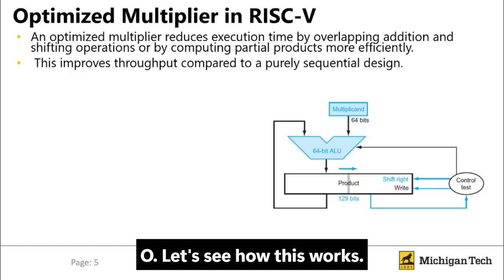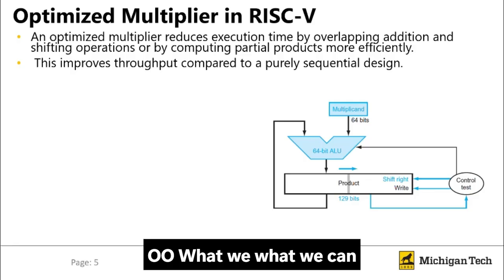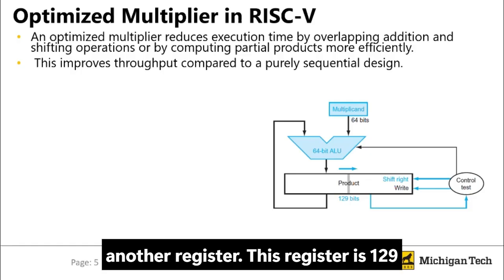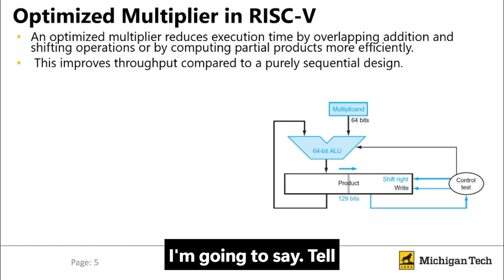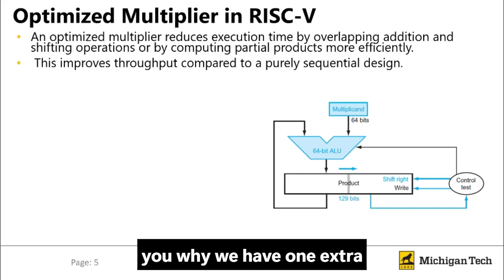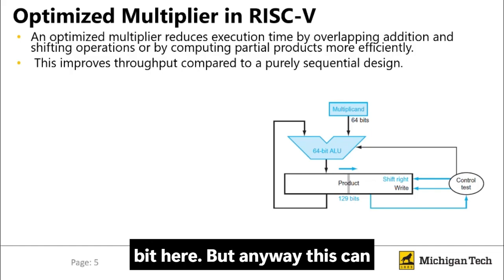So let's see how this works. What we can do is use another register. This register is 129 bits. I'm going to tell you why we have one extra bit here. But anyway, this can be used for two sides, product and multiplier.